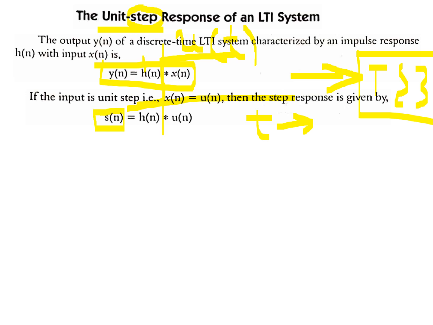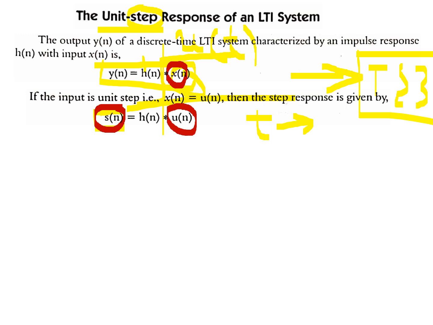S of n stands for step response. y of n is the general output; if in the place of x of n I write u of n, then the output is s of n. S stands for step.